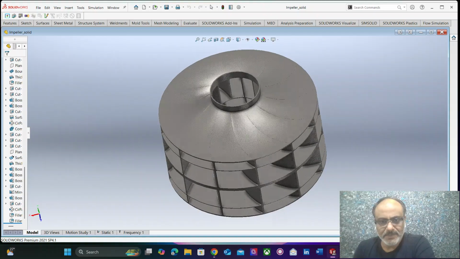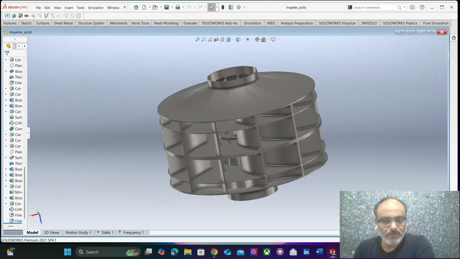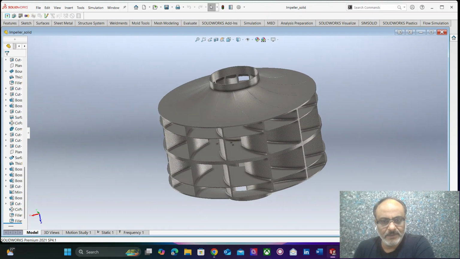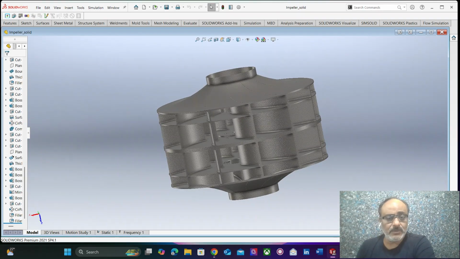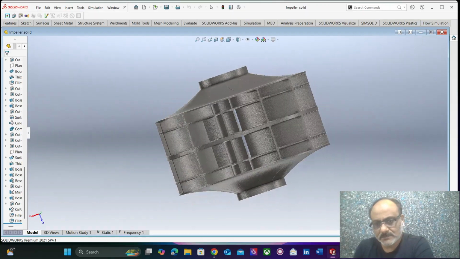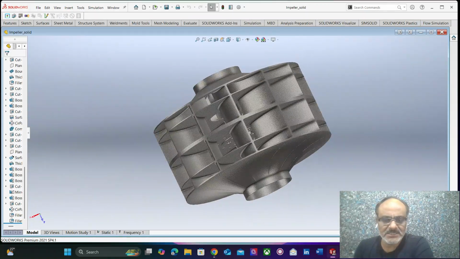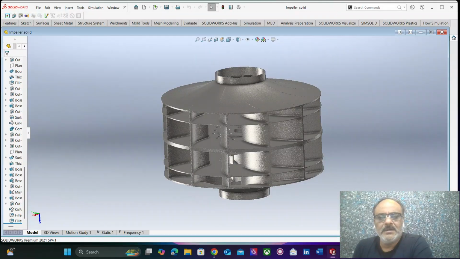This particular impeller is about 1.2 meters in diameter and weighs about 0.7 tons, or close to 685 to 700 kgs. Now this is made using MS plates which are properly stacked and welded.